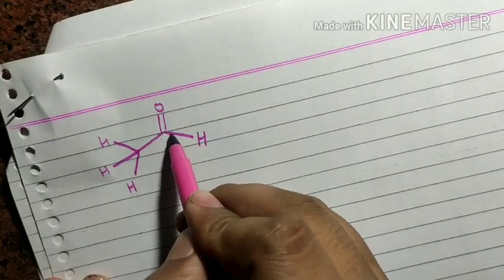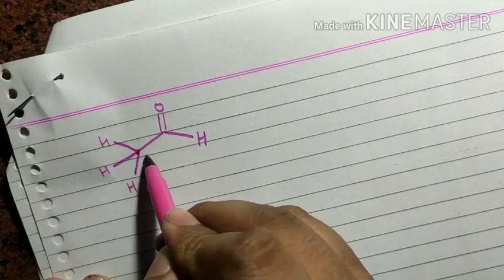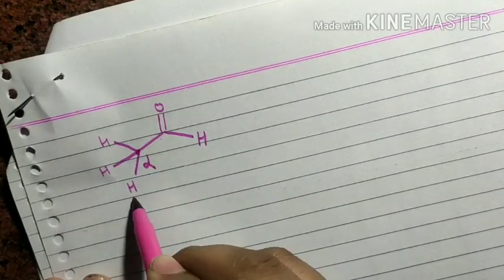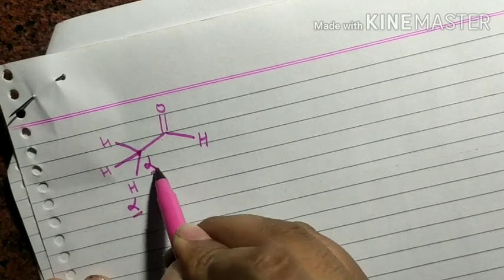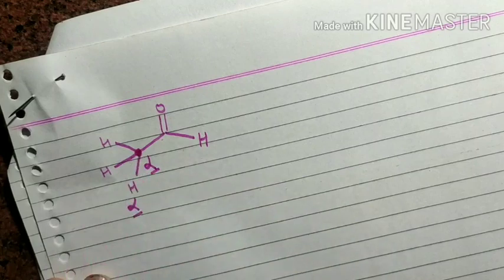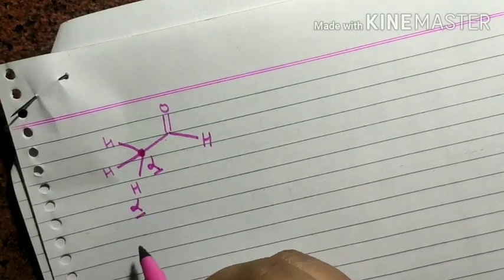This is the functional carbonyl group. This carbon is termed the alpha carbon, and the hydrogen attached to the alpha carbon is termed alpha hydrogen.